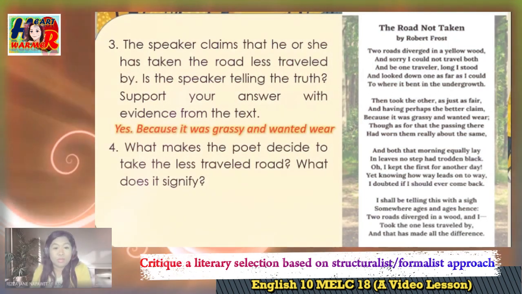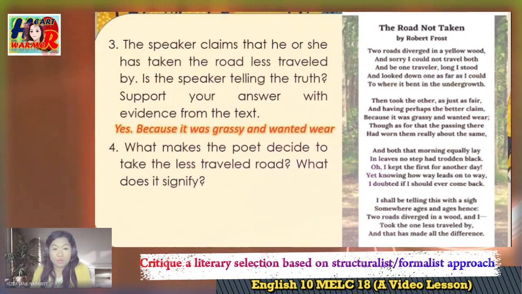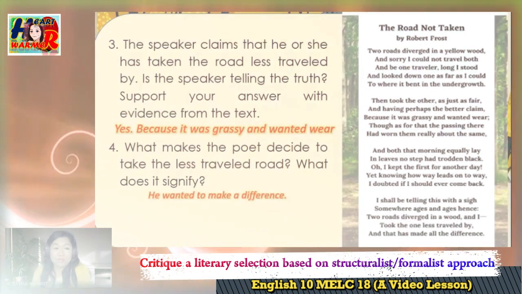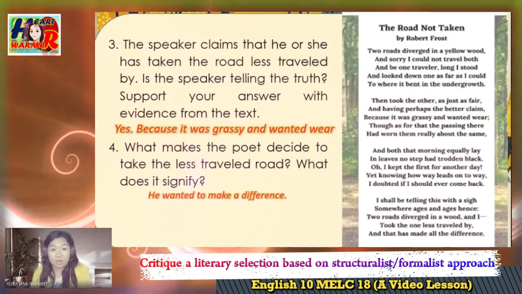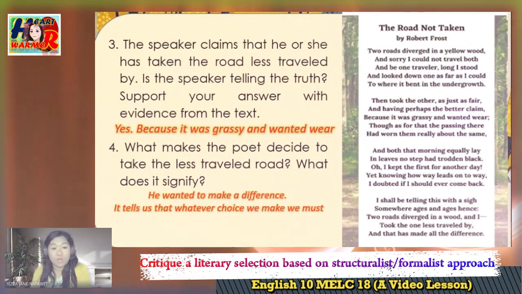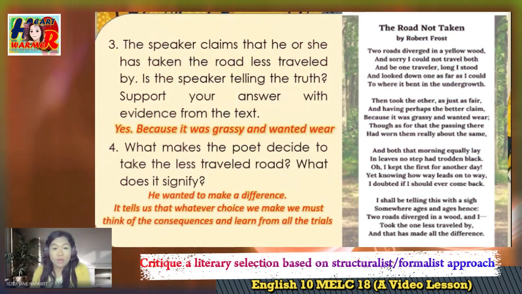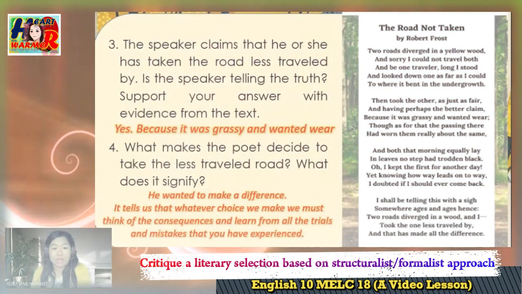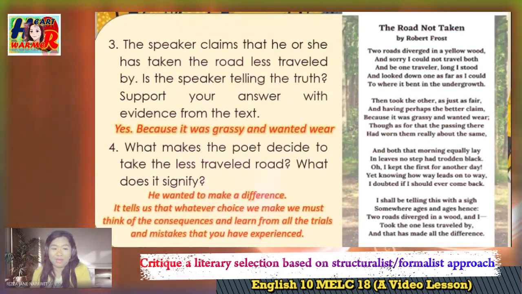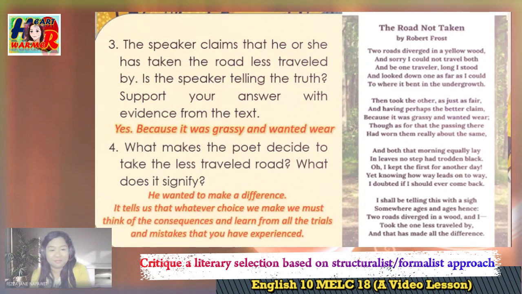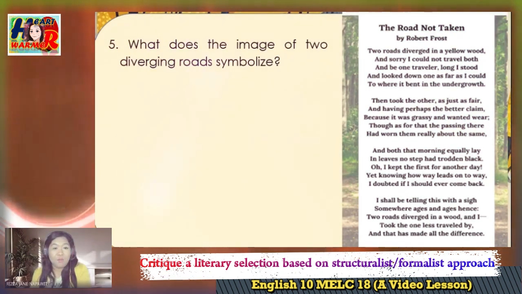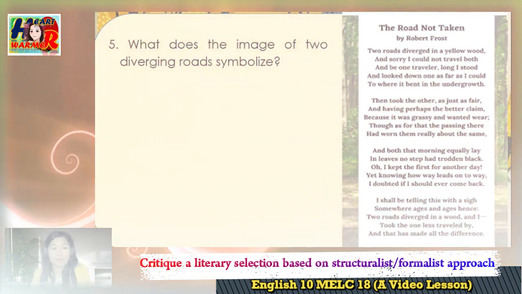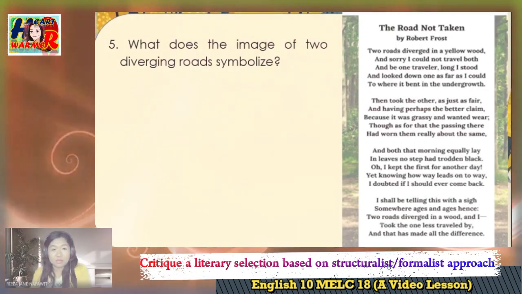Number 4. What makes the poet decide to take the less traveled road? And what does it signify? Now, we could say that he wanted to make a difference. It tells us that whatever choice we make, we must think of the consequences and learn from all the trials and mistakes that we have experienced. Right? And number 5, what does the image of two diverging roads symbolize?